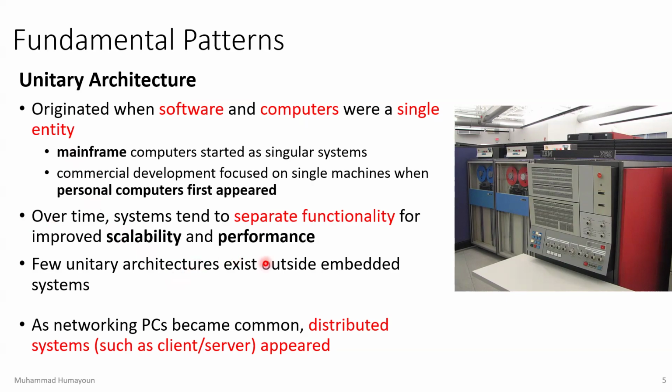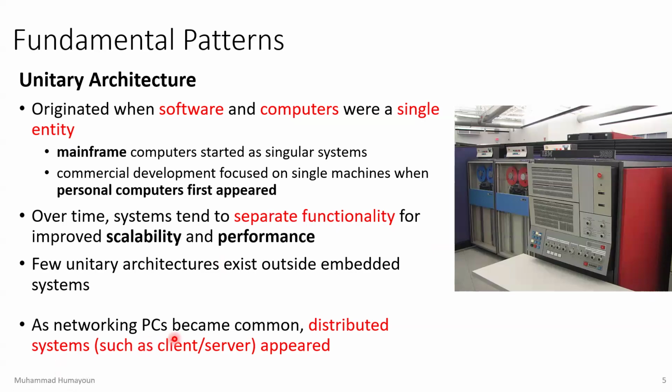Over time, we separated functionality to improve scalability and performance. And usually these days, such unitary architectures only exist within embedded systems. Other than that, you don't see that anymore.